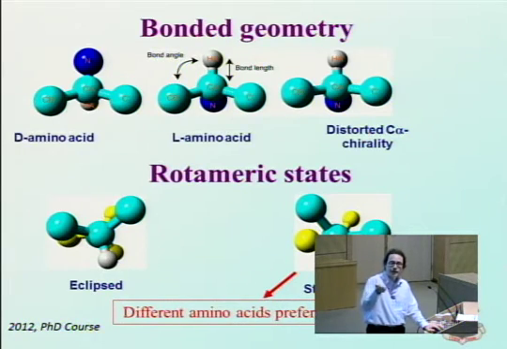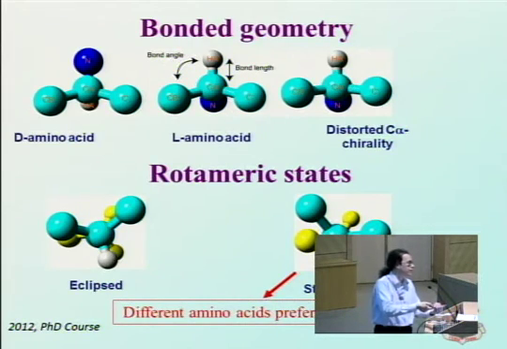Whereas rotameric states are a very common problem in NMR. You may even find some residues in eclipse conformation, but it's actually more common that, because different amino acids have different preferred rotameric states, the NMR structure provides you with one of the less favored rotameric states than what you expect for that given amino acid type.